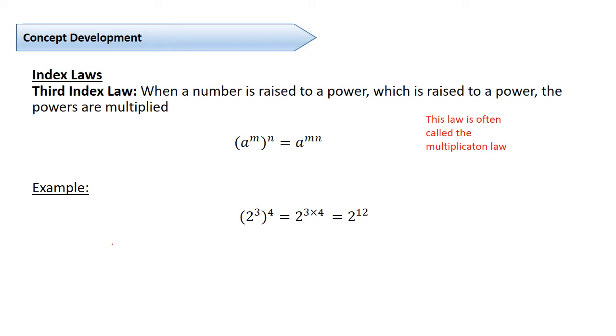Alrighty, so what we might do, guys, is look at this example in some more depth. We have 2 to the power of 3, and that is all to the power of 4. So we're going to use the expanded form of this to get 2 to the power of 3 times 2 to the power of 3 times 2 to the power of 3 times 2 to the power of 3.